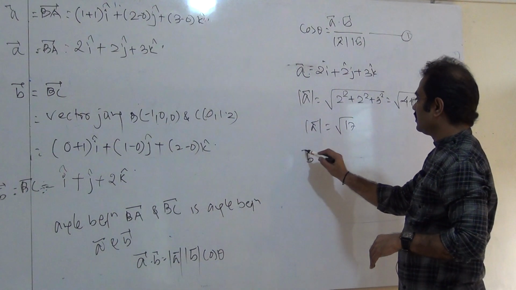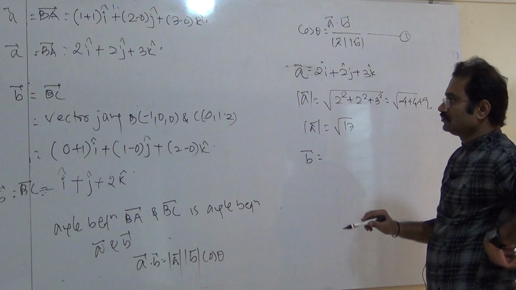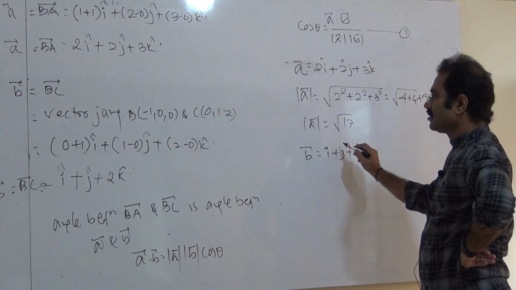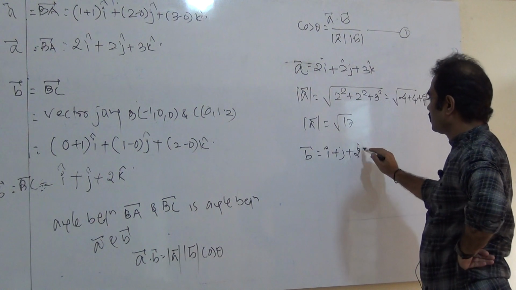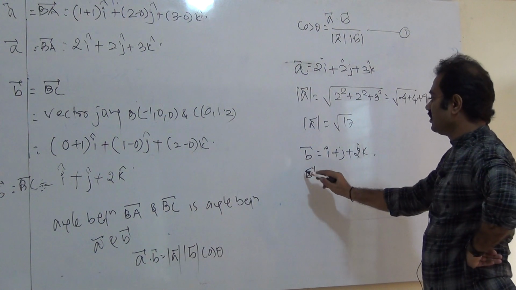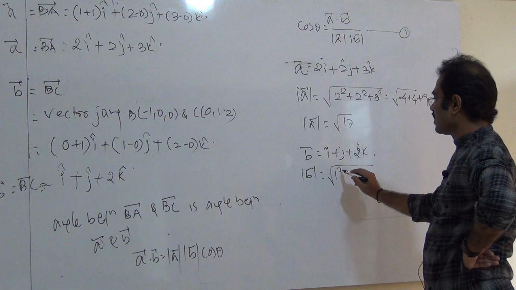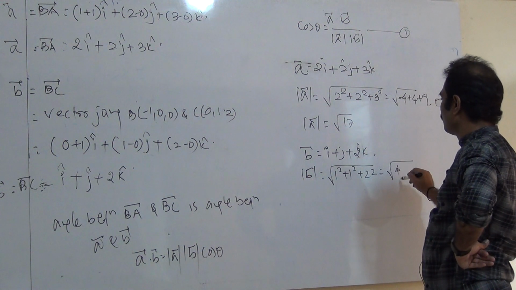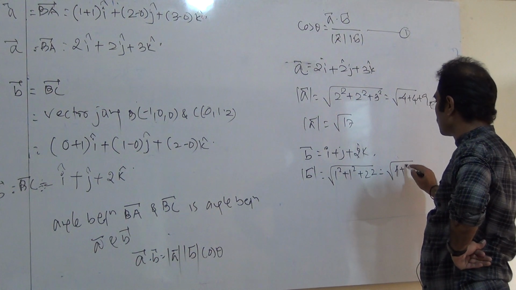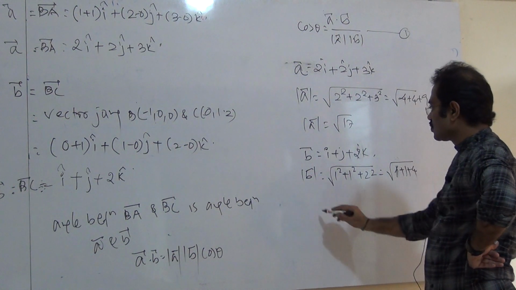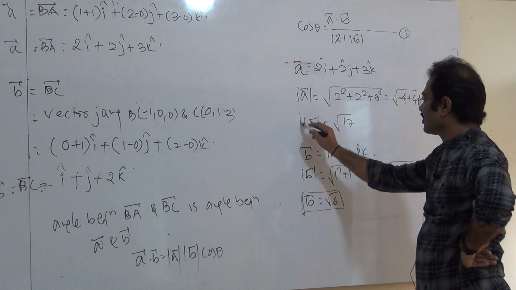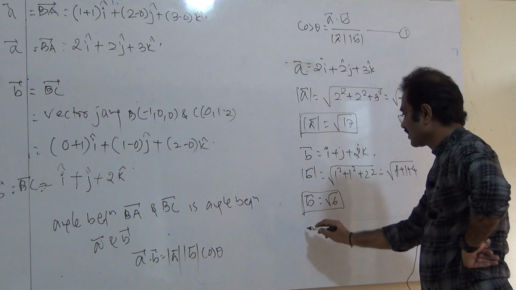What is B? B is equal to i plus j plus 2k. Magnitude of B is square root of 1 square plus 1 square plus 2 square, that is 1 plus 1 plus 4, that is root 6. Magnitude of B is equal to root 6.